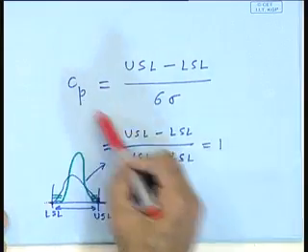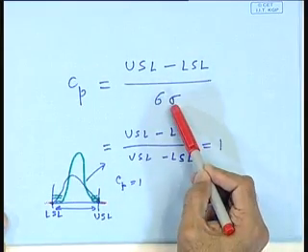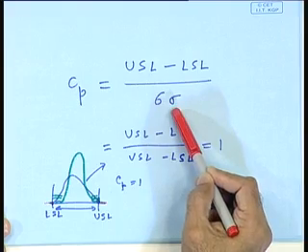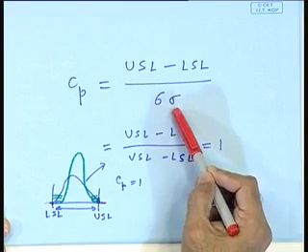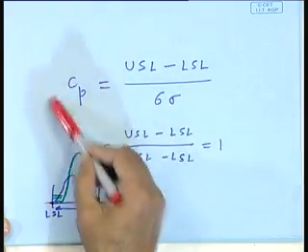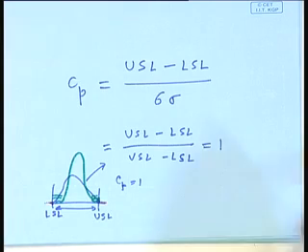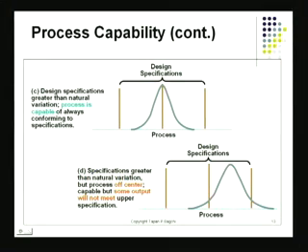It has variability sigma, but it does not in any place bring in mu. Therefore, this index is not capable of detecting a problem like this lower part of the problem here. This problem will not be detected if you measured your process capability using CP only.